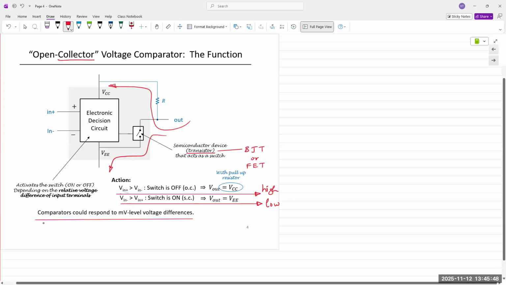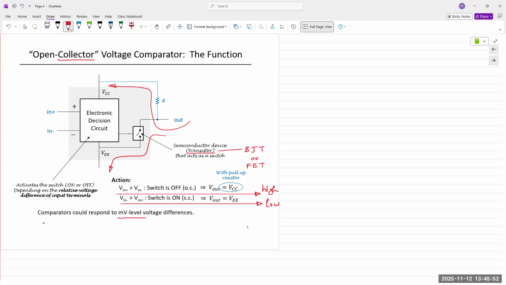So, real life application: the smaller the step, the more sensitive the comparator needs to be, right?